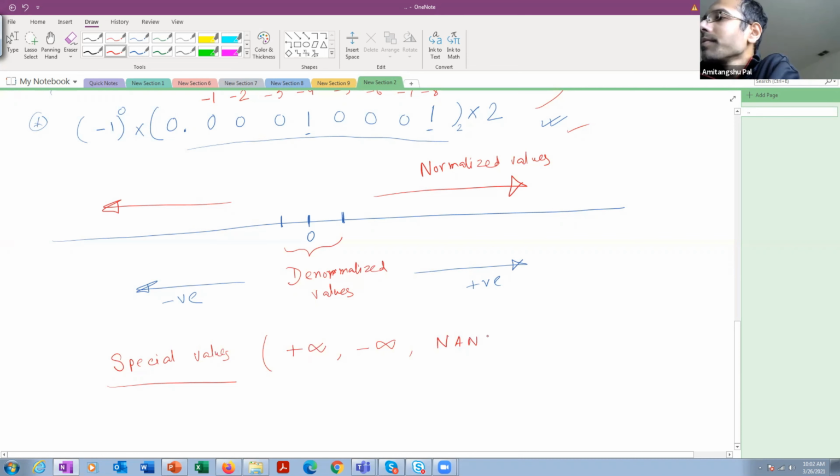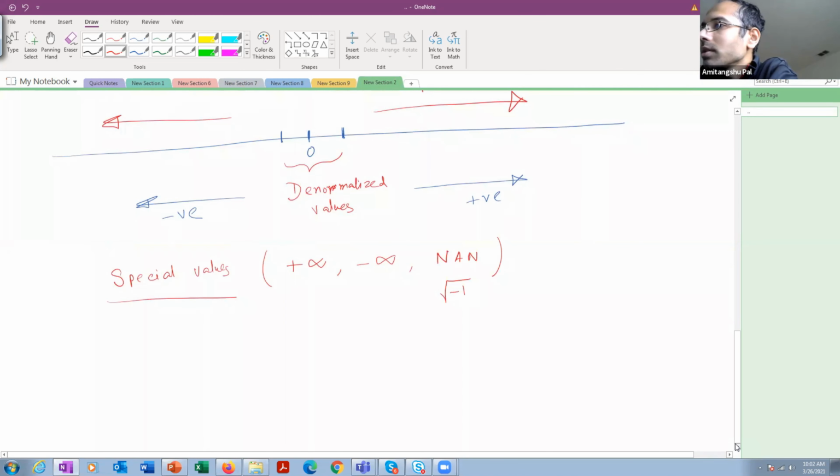Not a number means say square root of -1. These are examples of not a number. So these are the special values, and let's see how we can represent special values using the IEEE 754 floating point notation. As I have said, for special values, the exponent bits are going to be all ones.